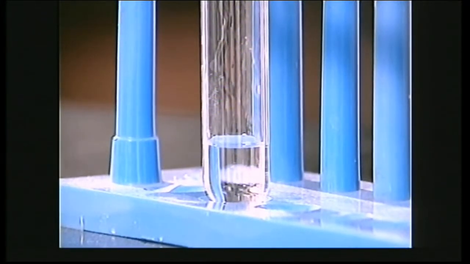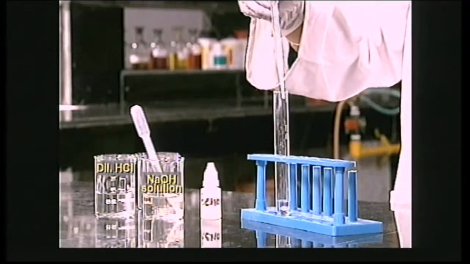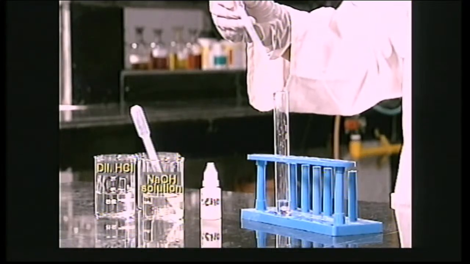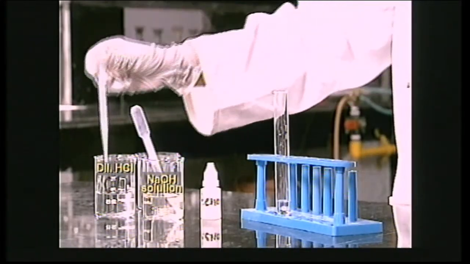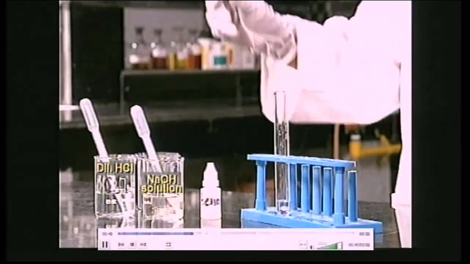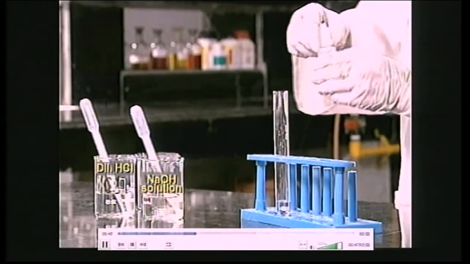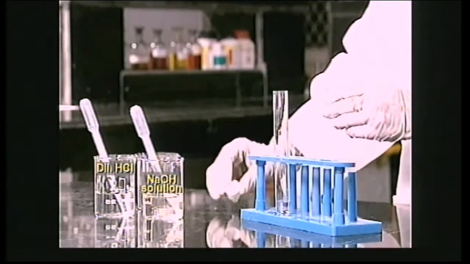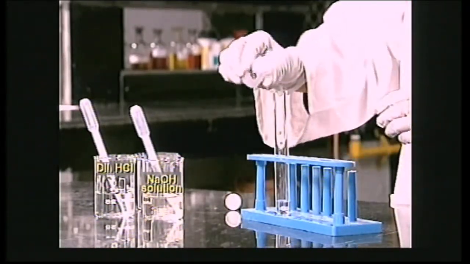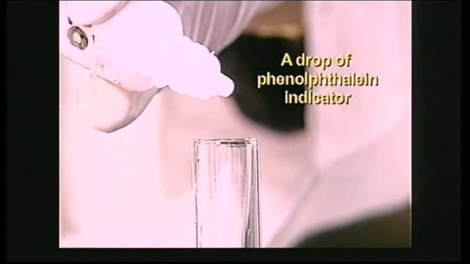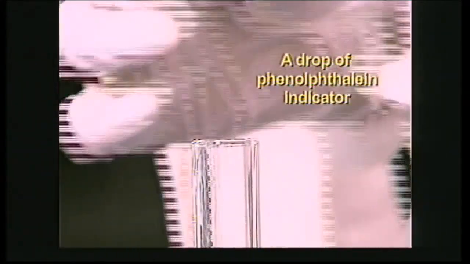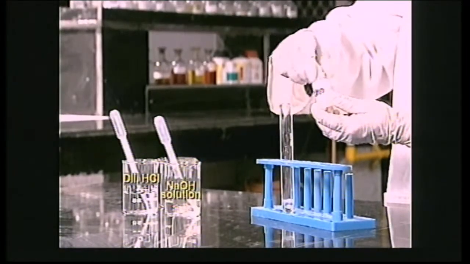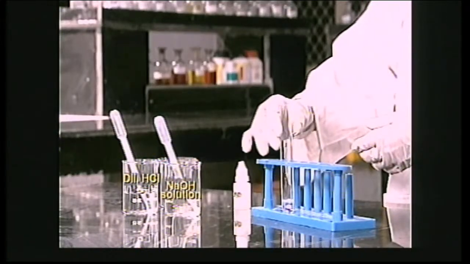So in our test tube, we have taken the dilute HCl. This acid will be mixed with base, that is, NaOH is added to it.